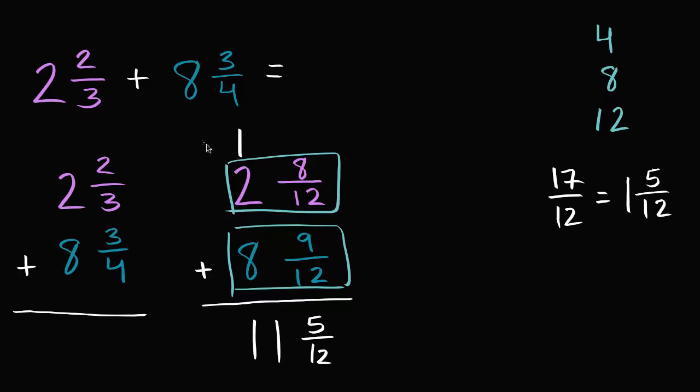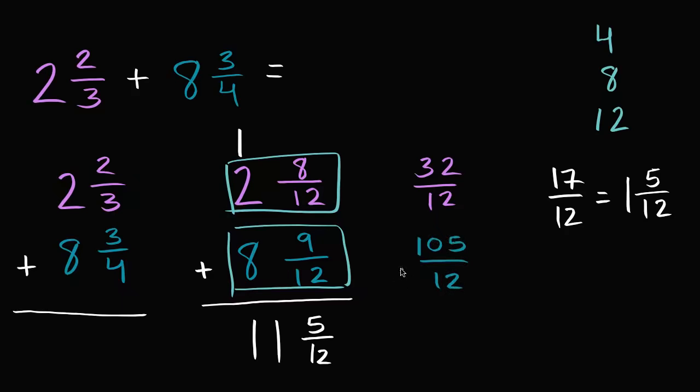Let me rewrite it as, let's see, 2 is the same thing as 24/12 plus 8 is going to be 32/12. So I could rewrite this top mixed number as 32 over 12, clearly an improper fraction. And I could rewrite this bottom mixed number as, let's see, 8 is how many 12ths? That's going to be 96/12 plus another 9/12 is 105/12.